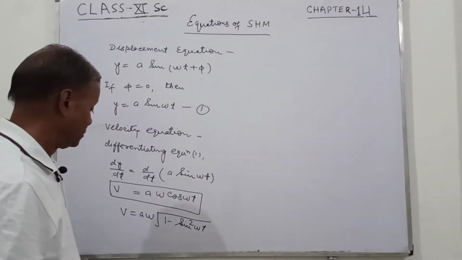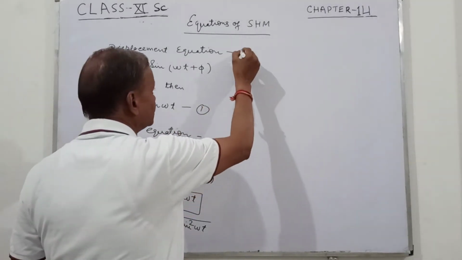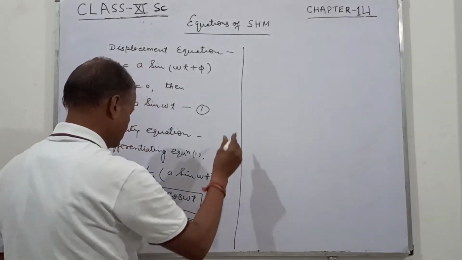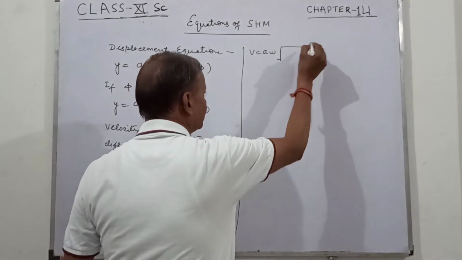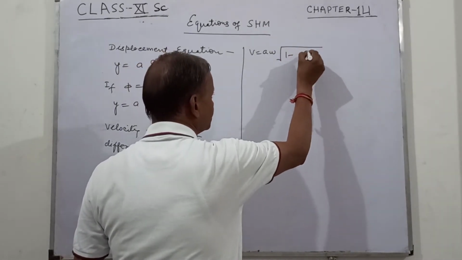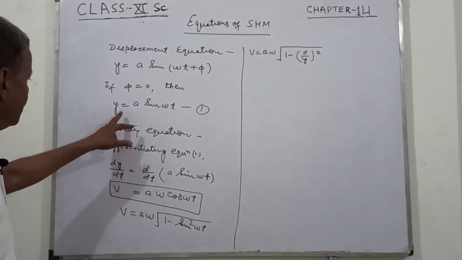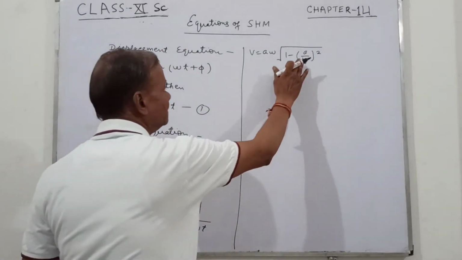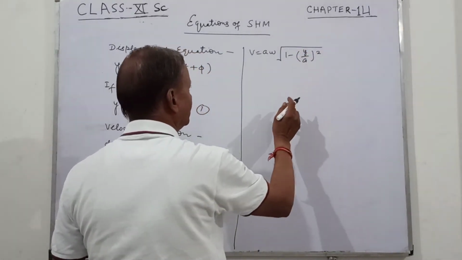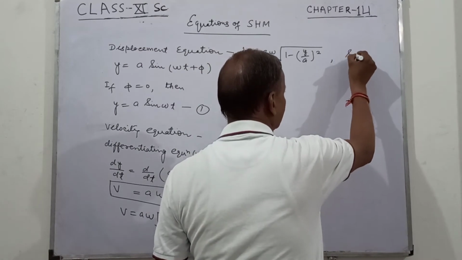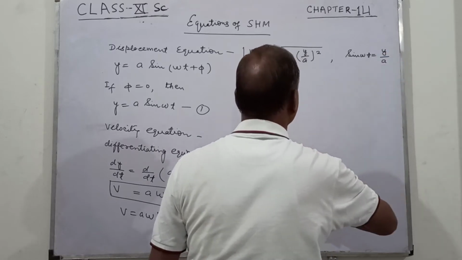Here sine omega t is equal to y upon a, so v equal to a omega square root of 1 minus y upon a whole square.